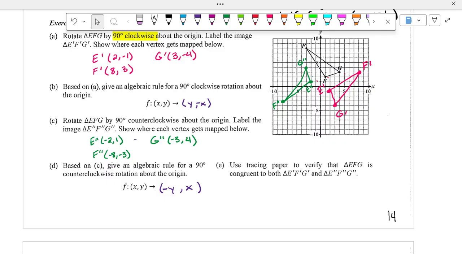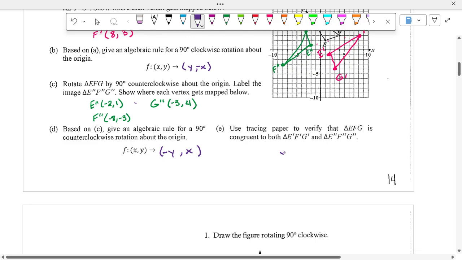So rotations are not that hard, because all you have to do, even if you don't remember the rule, depending on what direction you're going in, is every 90 degrees, flip x and y and change the signs to fit the quadrant. All you have to do is know which quadrant they will end up in. If you're going 90 degrees counterclockwise and you start in 2, you're going to 3 next. So if you started out with negative, positive, it becomes negative, negative.